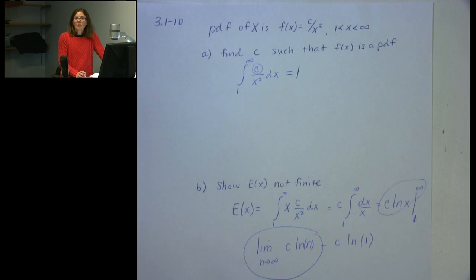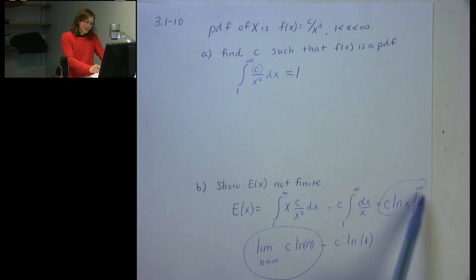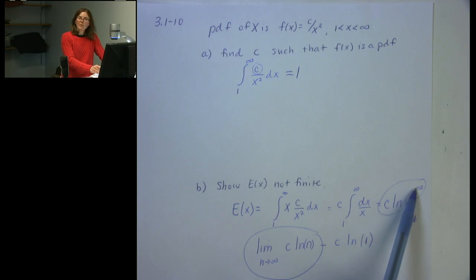I know sometimes people are not quite sure how to approach these problems, but that's really what we want to do when we need to evaluate at a limit of infinity for our integral. We need to take the limit as we go to infinity for that part.